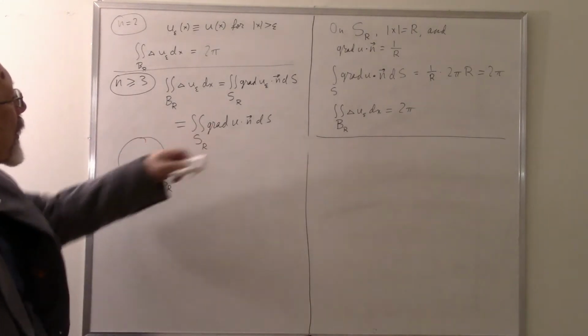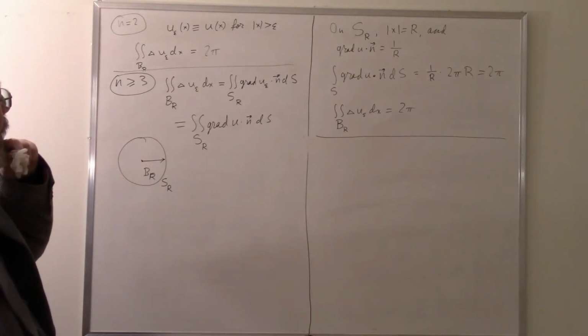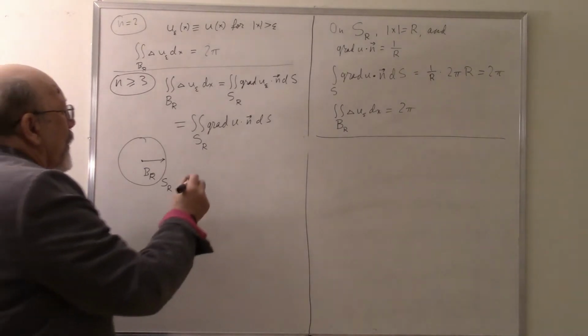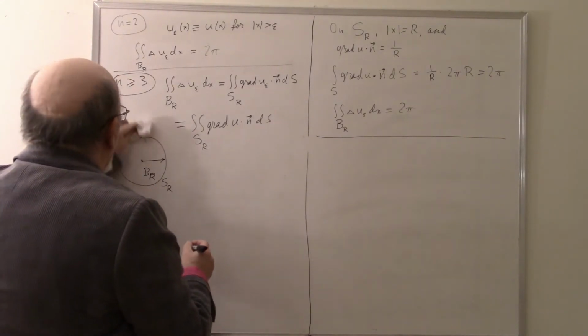So we have this, and now we have only to find the gradient of u.